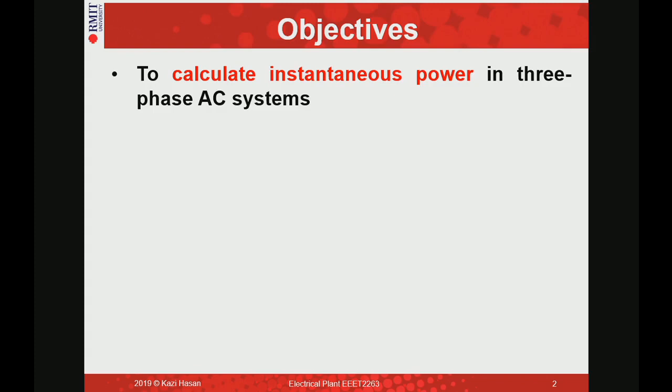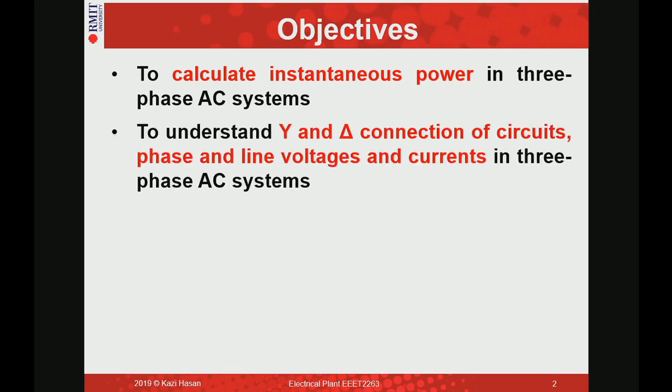And in the second part, when there is three-phase in a circuit or system, those three phases can be connected or arranged mainly in 2 different ways. One is called Y connection or star connection, another one is delta connection.